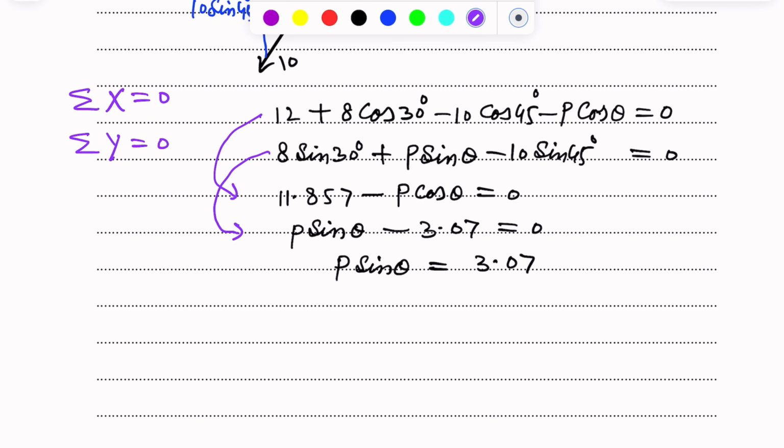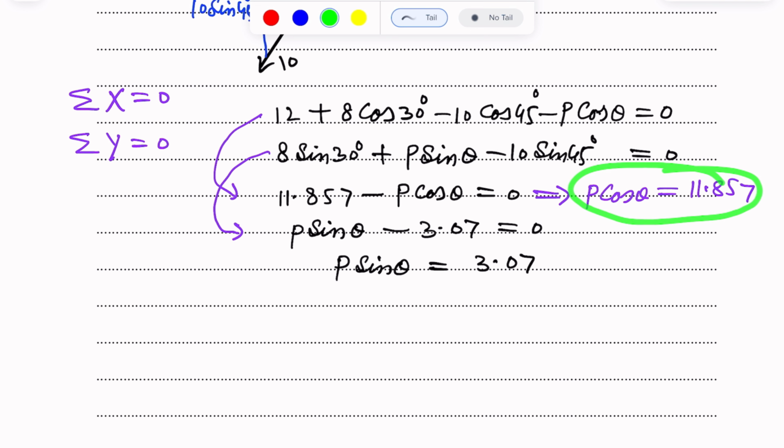Now, from the first equation, we can also write P cos theta is equal to 11.857. Now, from these two equations, we are dividing this equation by this equation.